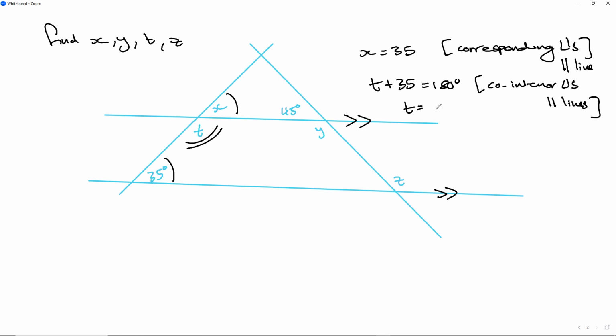And then t becomes 145 degrees, when we do 180 minus 35, we get 145 degrees. So this angle here is going to be 145 degrees. Let's put that in there. Whenever you're doing a question, make sure that if you get some angle, you write it in the diagram, because then you can visually start seeing a bigger picture, which gives you the other values.